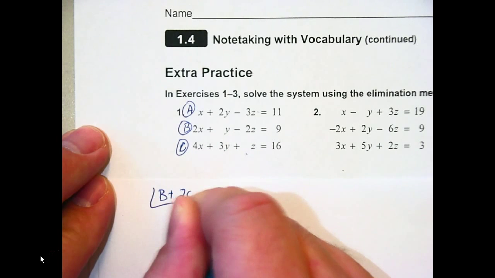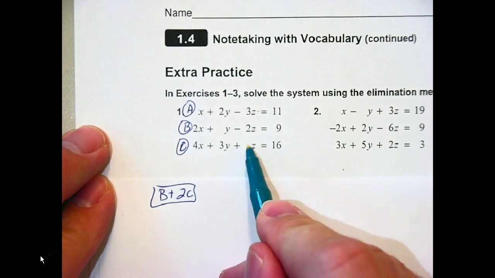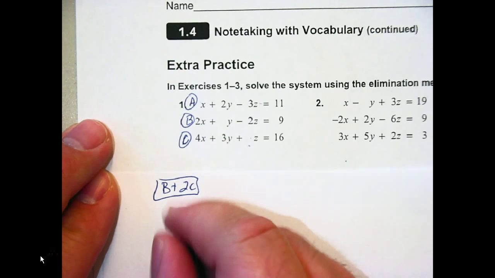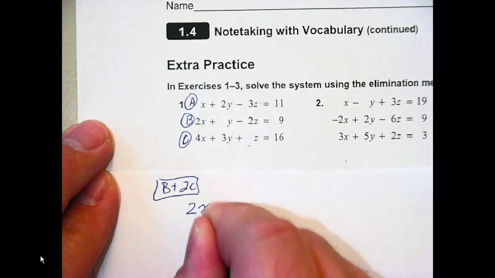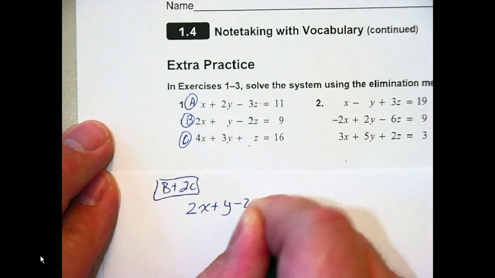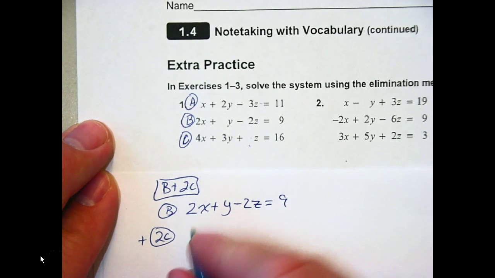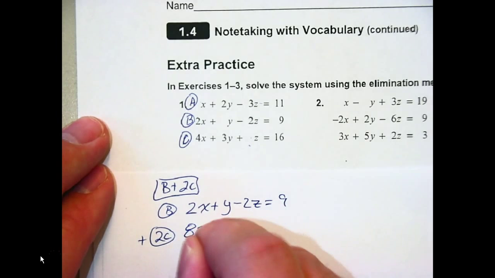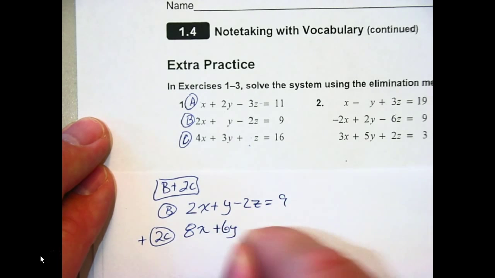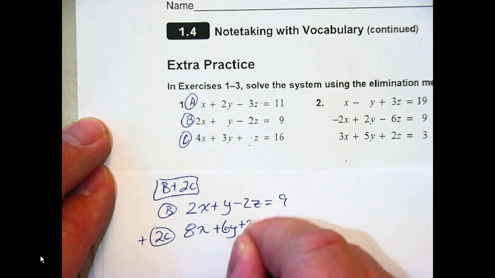Okay, that 2C is going to give me a 2 here. So I go 2x plus y minus 2z equals 9. That's B. And I add to it 2C. That's going to give me 8x plus 6y plus 2z equals 32.